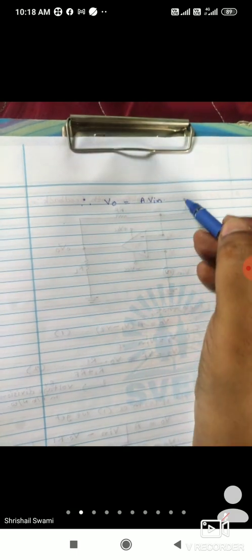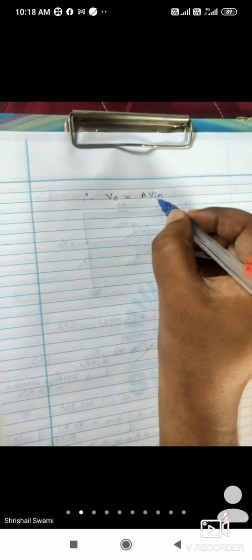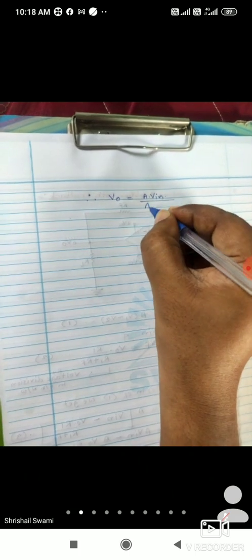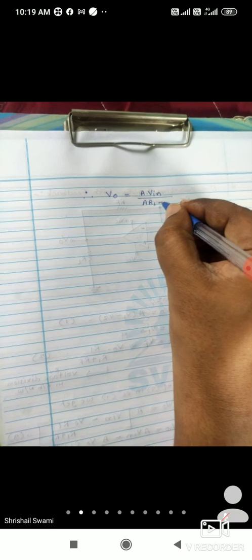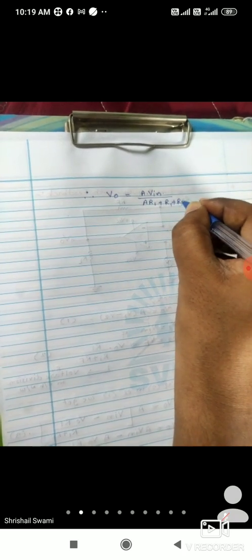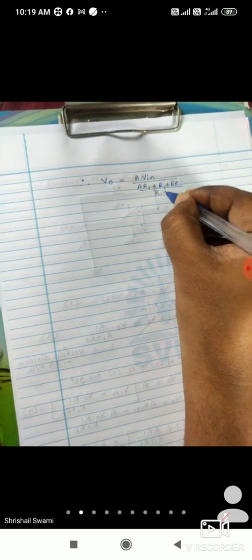Now you can get the expression like this: V0 is equal to A into V in on the right hand side as it is. Now whatever is multiplied on the left hand side, you can divide. If you divide here, see what happens: A into R1 plus R1 plus Rf, divided by R1 plus Rf.